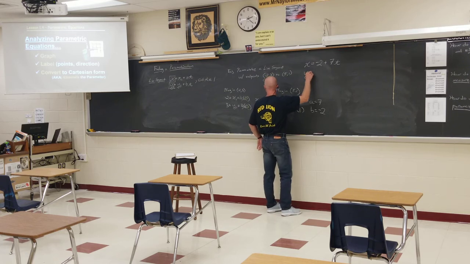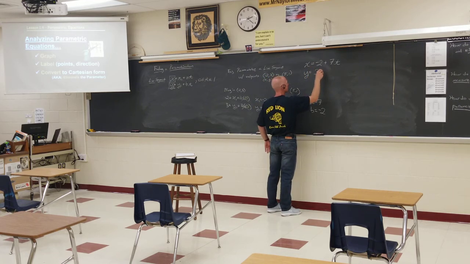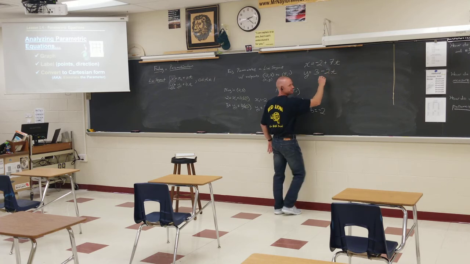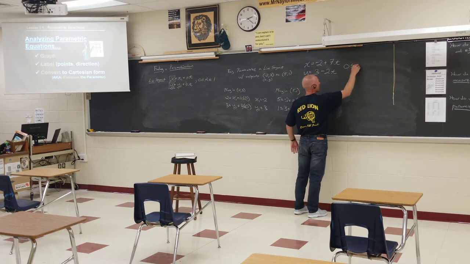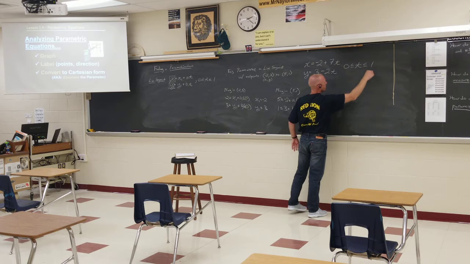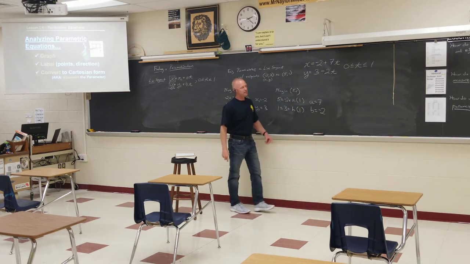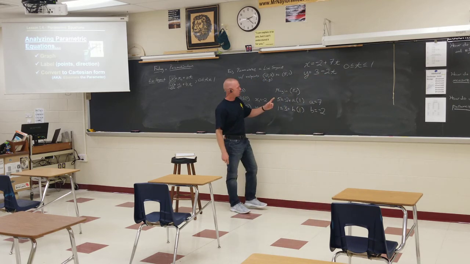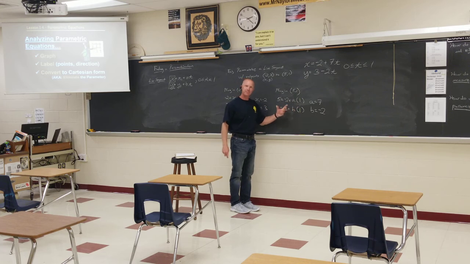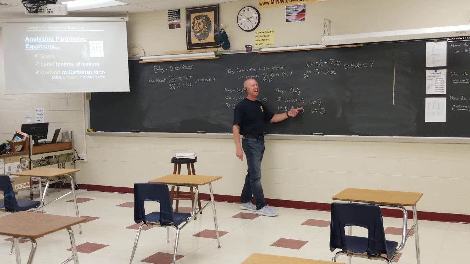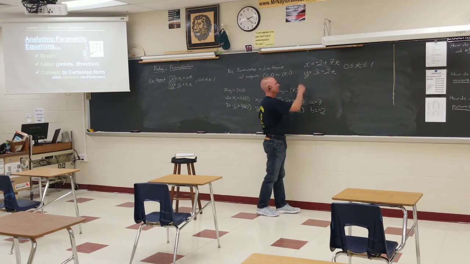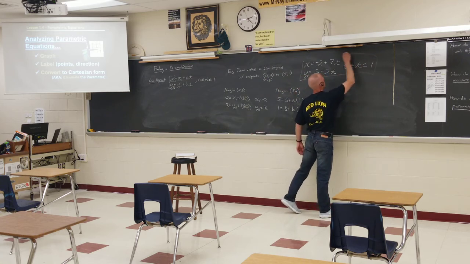Y equals 3 for y sub 1 minus 2t. And if you're saying, do I have to write 0 is less than t is less than 1? Yep, because that restriction is what matches with these a, b, x sub 1, y sub 1 values. And this is my parameterization.